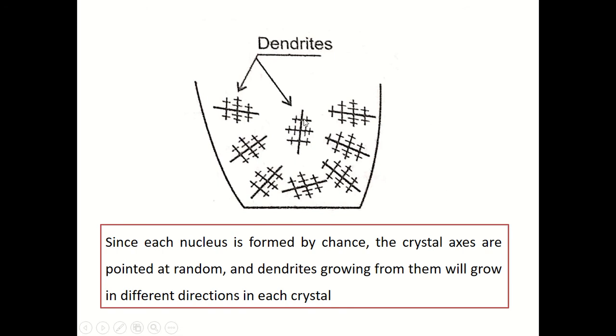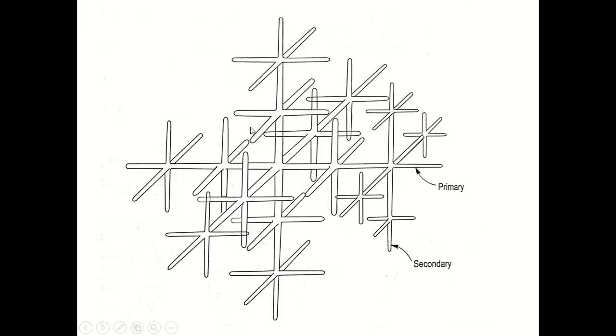Each dendrite is formed, and soon after some time you can see that, for example, this tertiary arm of this dendrite makes contact with the neighboring dendrite, and finally you will get a structure like this.